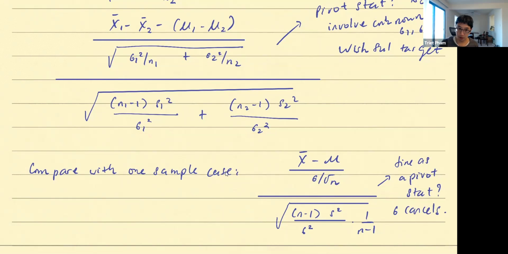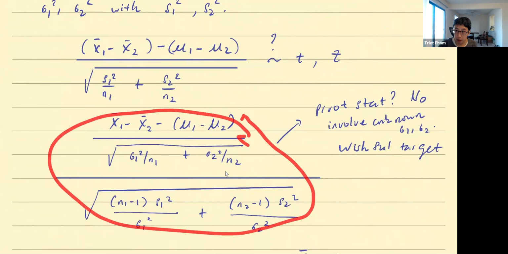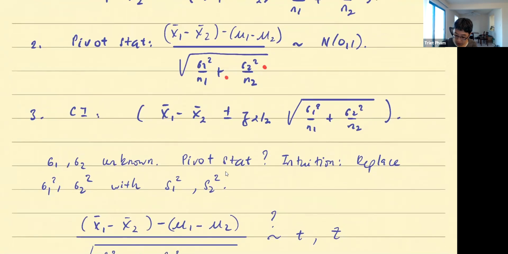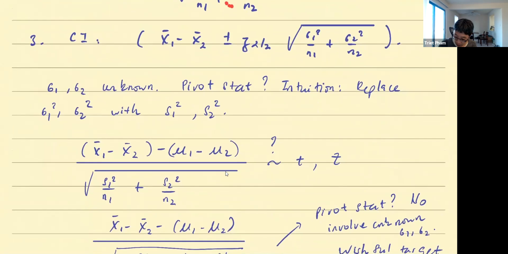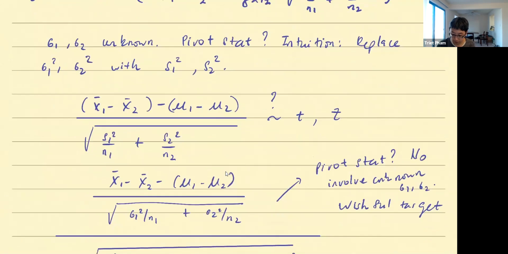All right, so now let's ask the question, motivated from this. Clearly we need to do something like this anyway, because there's no way we can go back to this one, since sigma 1 and sigma 2 are unknown.